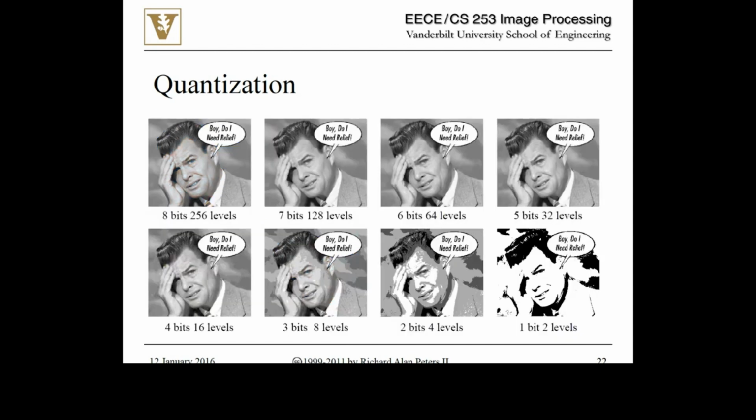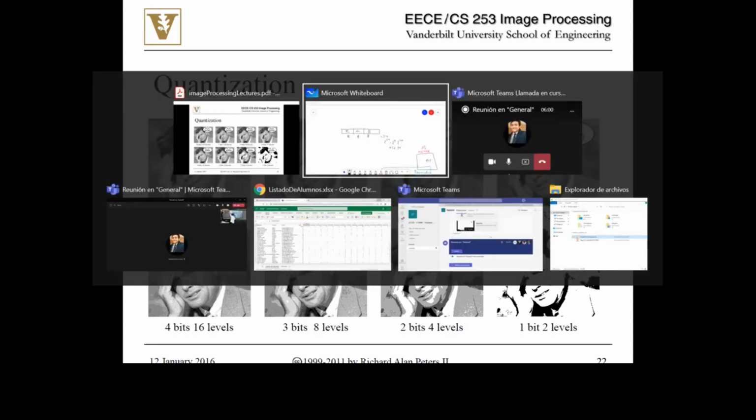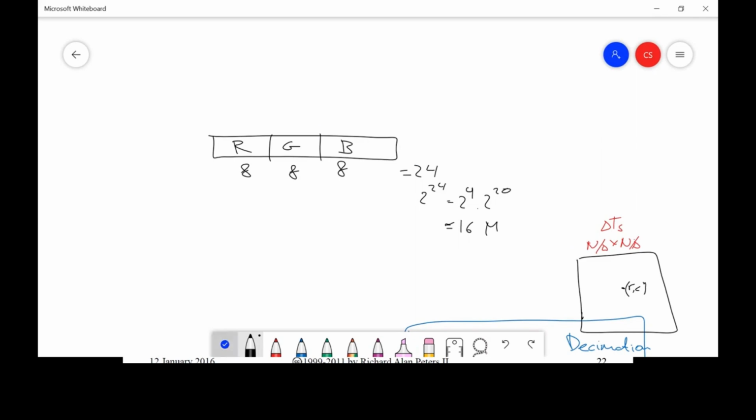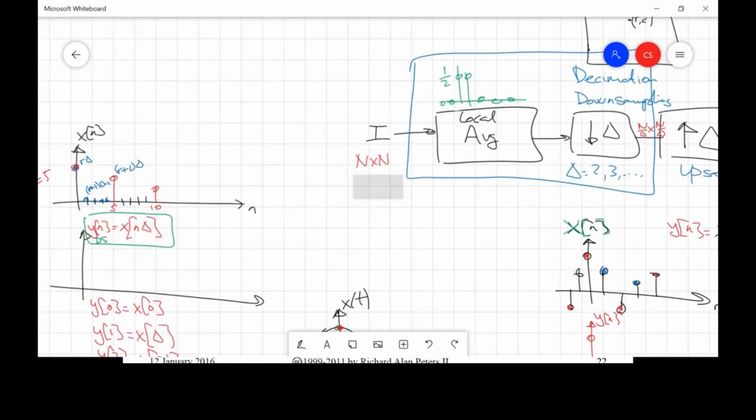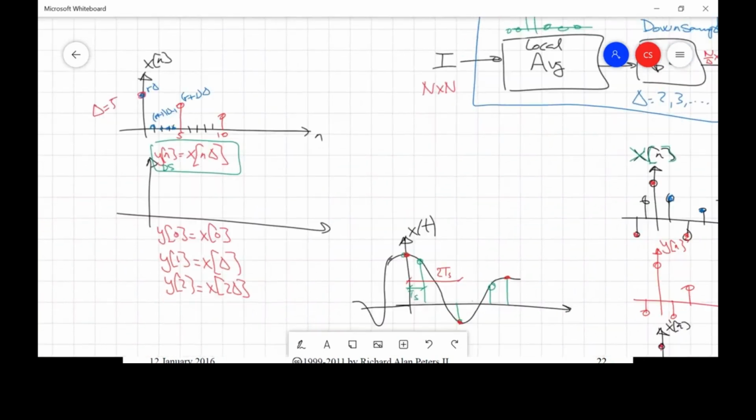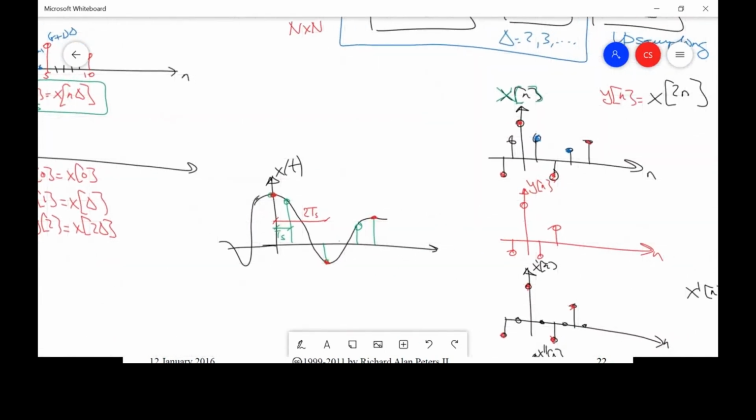And here again, what happens if I have 8 bits and then I discretize to 7 bits? Again, we have to cover the same areas we have in space. Here, I have a continuous signal, and I have to cover the region where I'm interested in my signal.